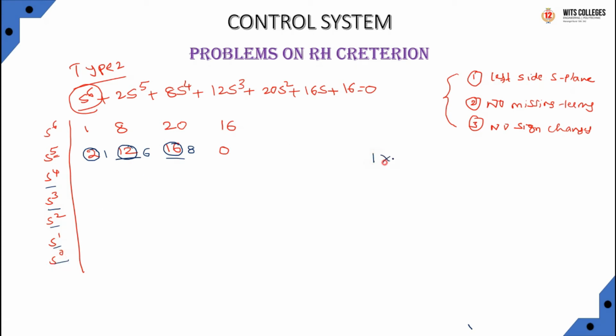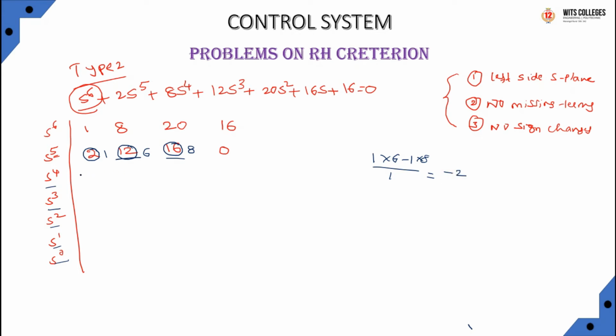Here, 1 into 6 minus 1 into 8, divided by 1, we will get minus 2.